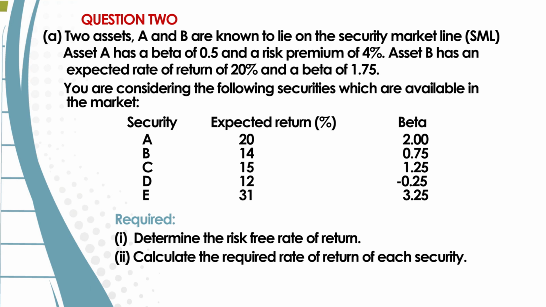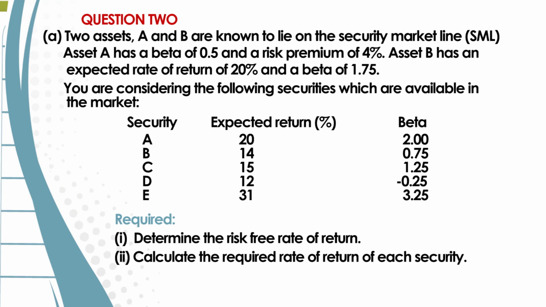The risk-free rate that we have computed in Roman 1, we're going to use it in determining the required rate of each security in Roman 2. Okay, so we need to make that correction in the question. The question was misplaced. Roman 1 was required to be inserted before the table.